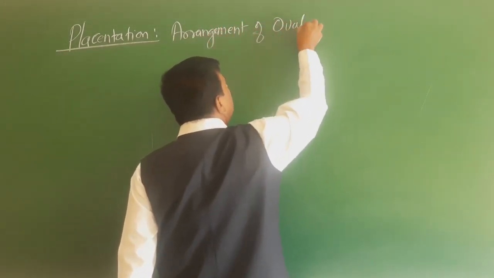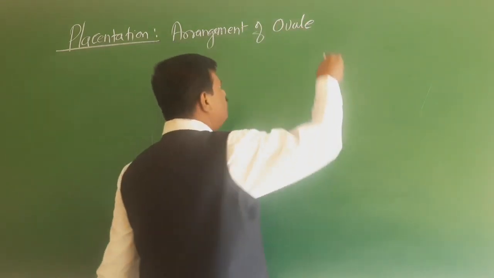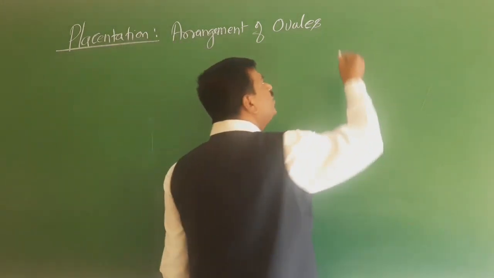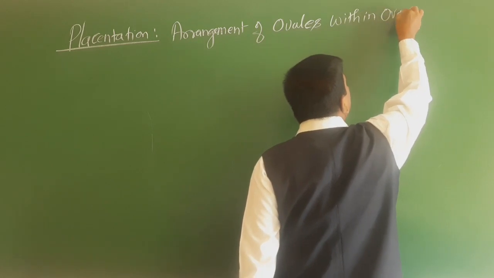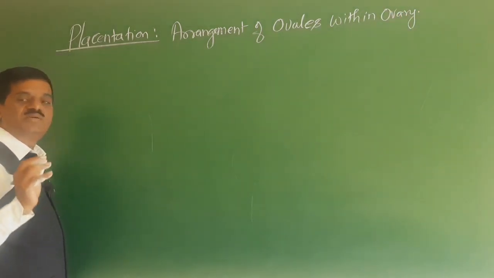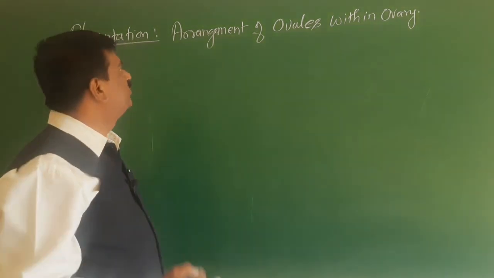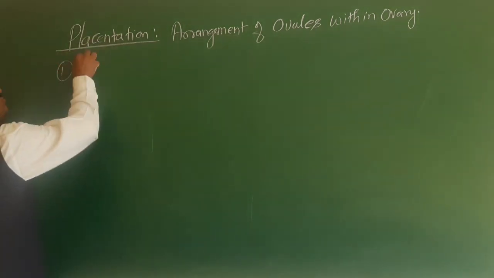Ovule is nothing but a female gamete. This arrangement of ovules in the ovary is called placentation. Based on the ovule arrangement, there are different types. The first one is called marginal placentation.